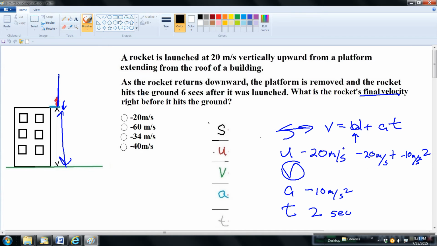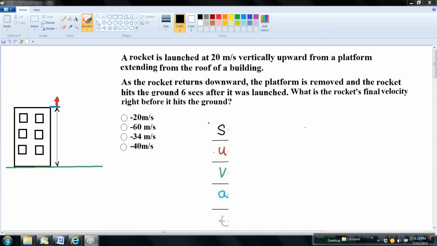So that's equal to v. It's minus 20 meters per second plus another minus 20 meters per second, and that adds up to the same answer.